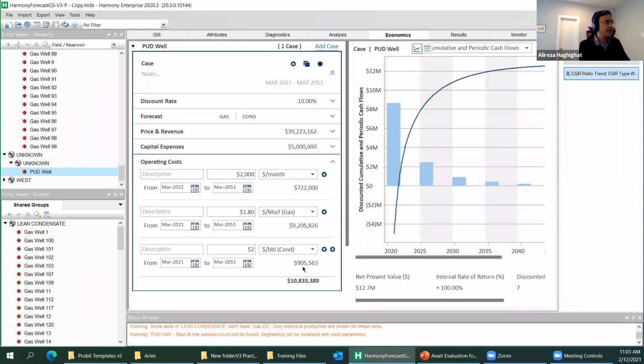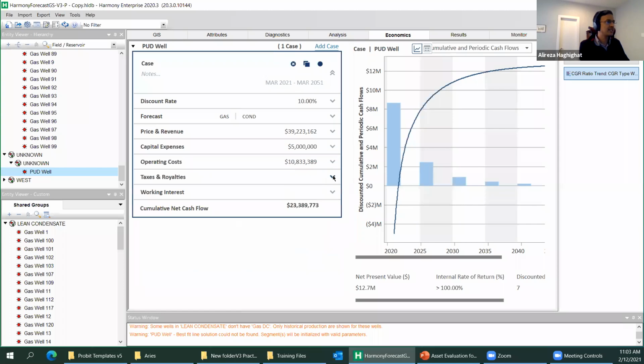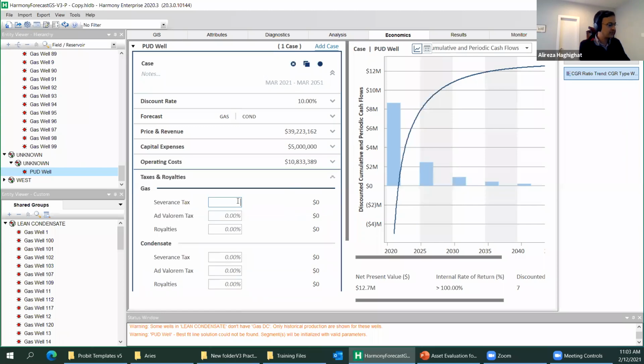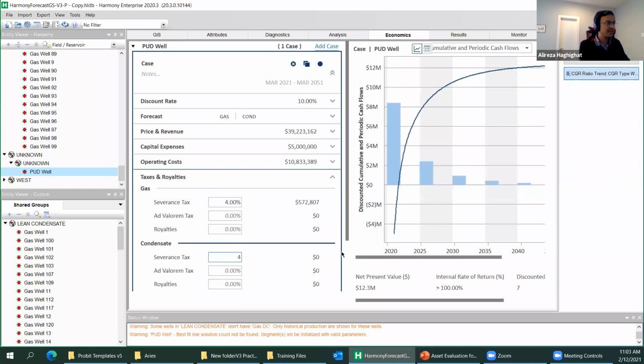And finally, I think we are good to go here. We specified all the costs that we wanted. The last thing is tax. So we assume 4% severance tax for both gas and condensate.